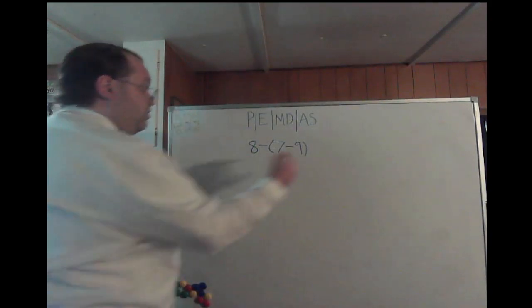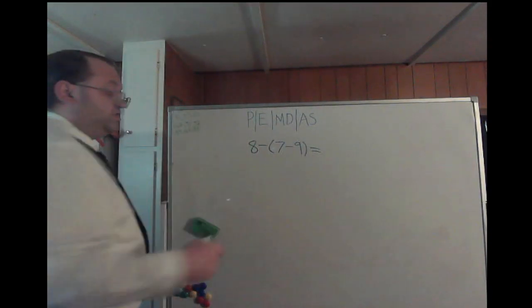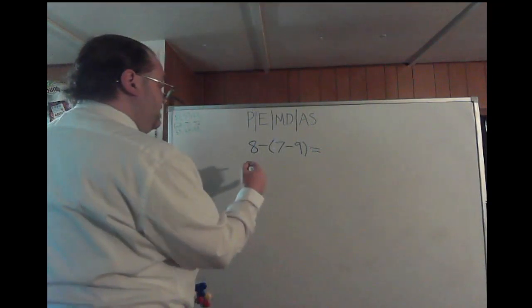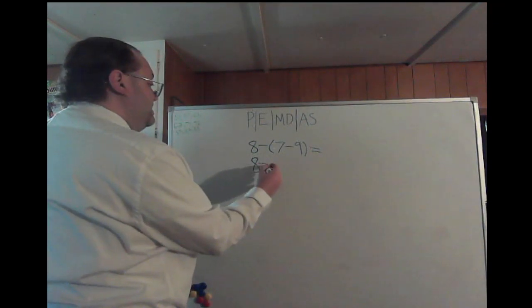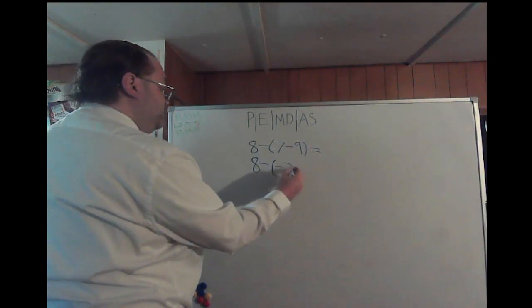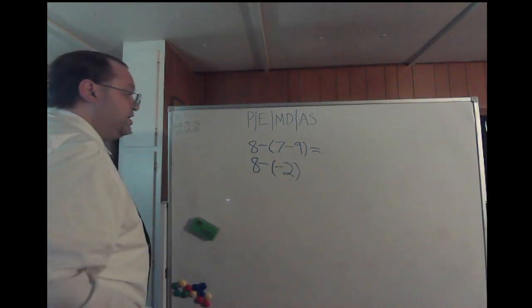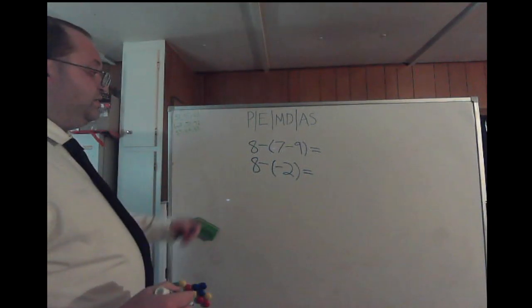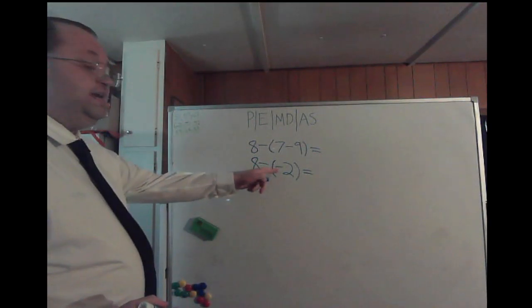Of course, order of operations always tells us to look for parentheses first. In this case, we do have them. So we'd have 8 minus, now what is 7 minus 9 inside parentheses? That'd be negative 2. Well, now you have a positive minus a negative.